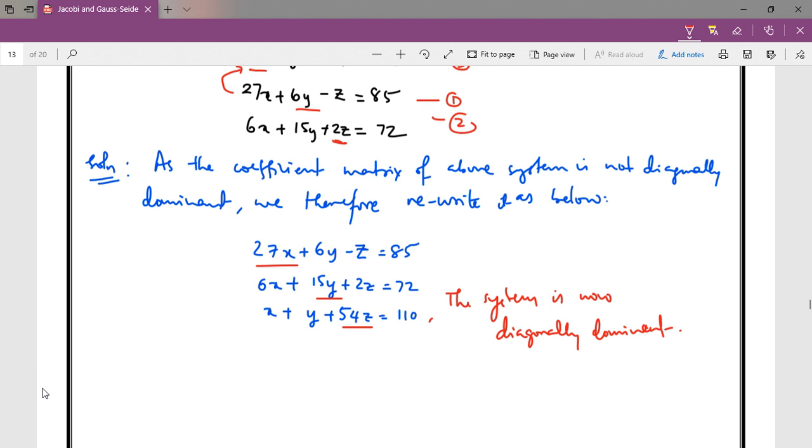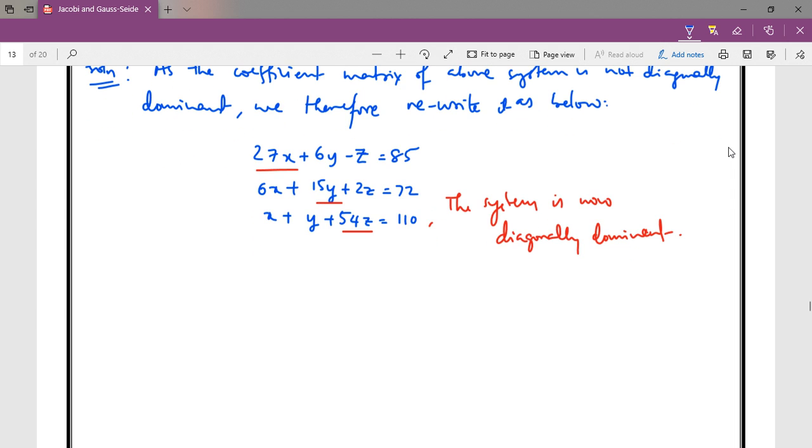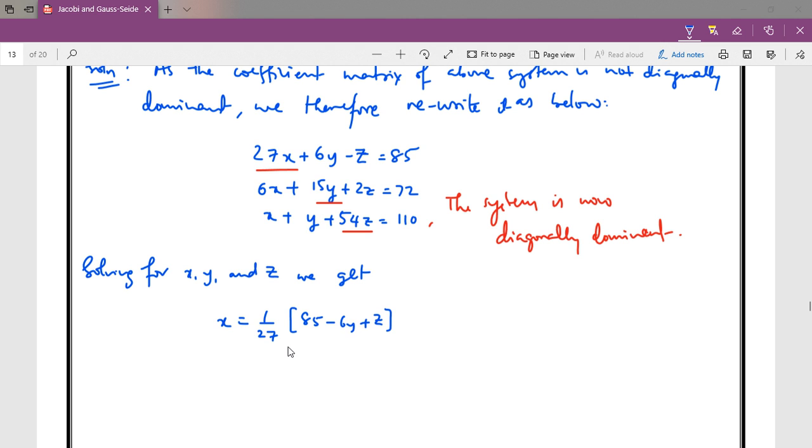So now we can start the iteration process. Solving for x, y and z, we get: from the first equation we solve for x, x is equal to 1 by 27 into 85 minus 6y plus z.